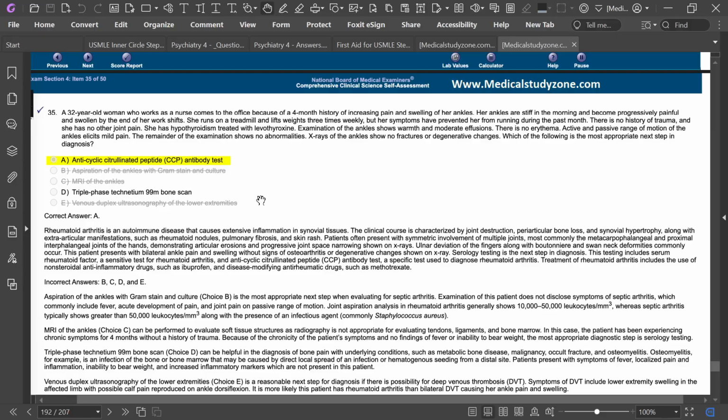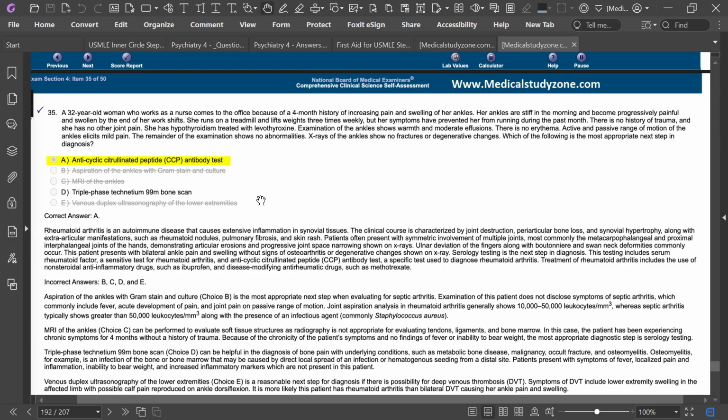Treatment of rheumatoid arthritis includes the use of non-steroidal anti-inflammatory drugs such as ibuprofen and disease-modifying anti-rheumatic drugs such as methotrexate. Okay. Next.